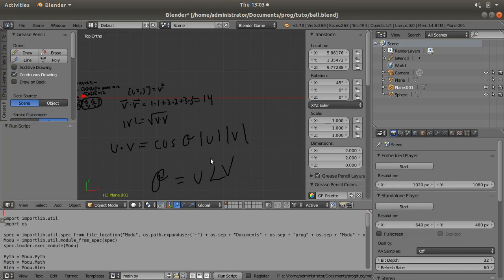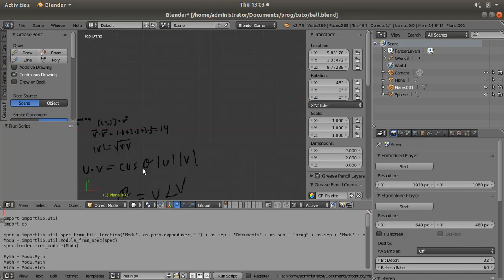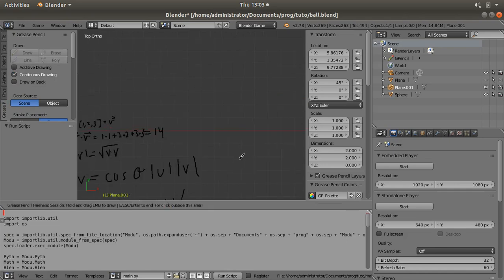To find the angle between the vectors, I'll use inverse tangent. So if you have a vector, say I have v here, u here, v theta is equal to inverse tangent of vy over vx.